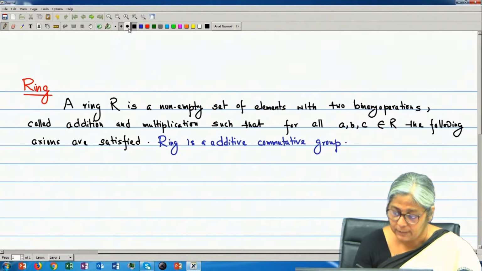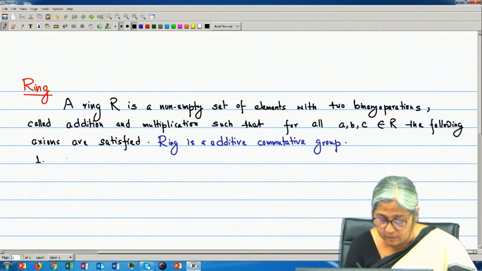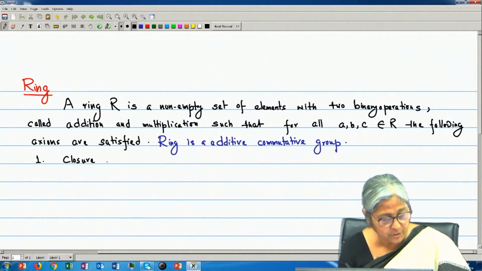We remember that it must satisfy closure, and since now we have two operations, closure with respect to addition.